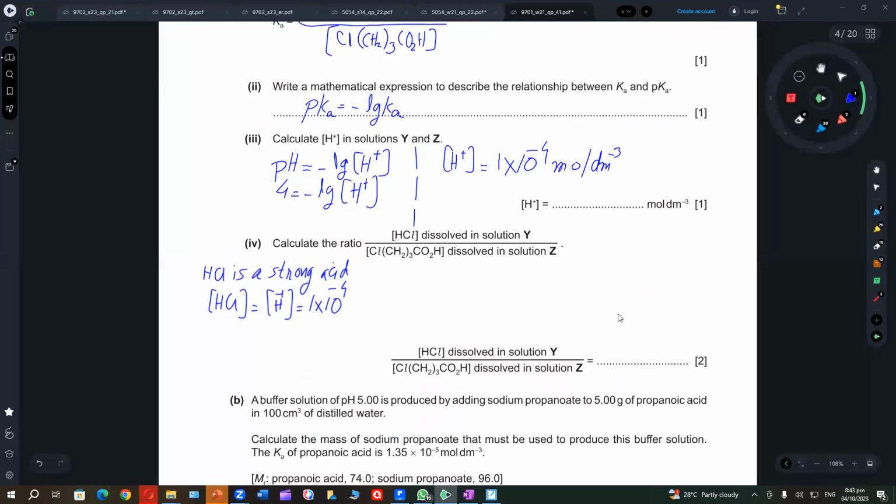So pKa is equal to minus log of Ka. I'm getting 3.01 times 10 to the power of minus 5.